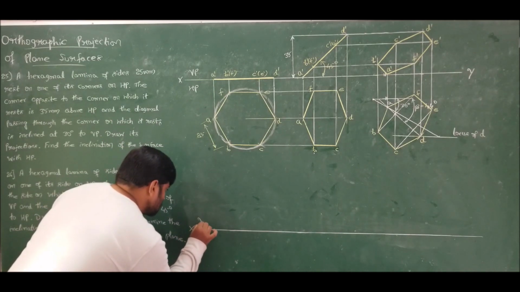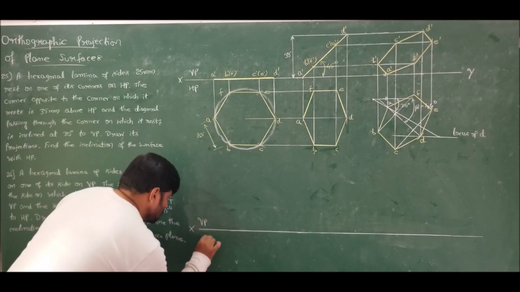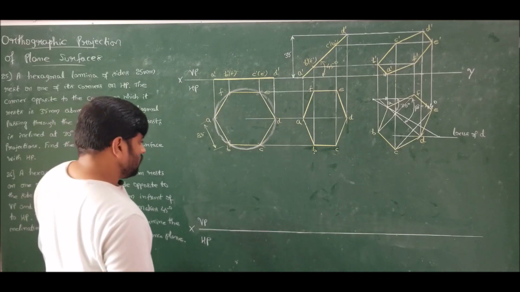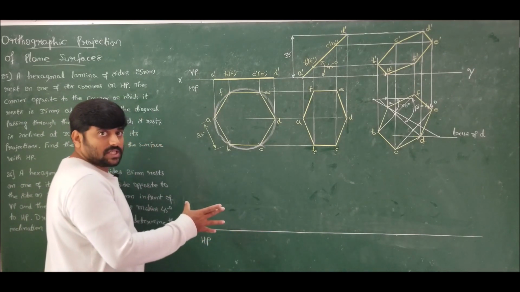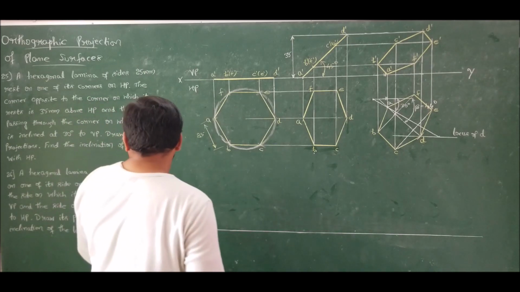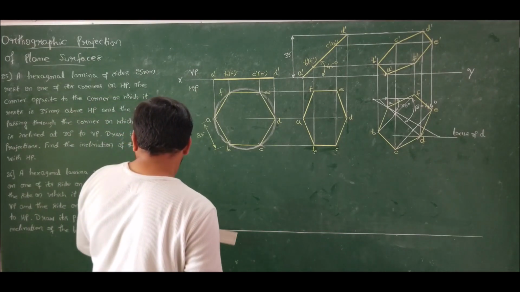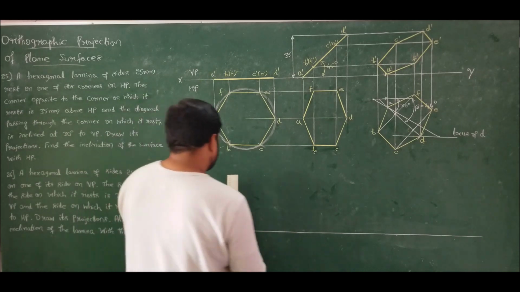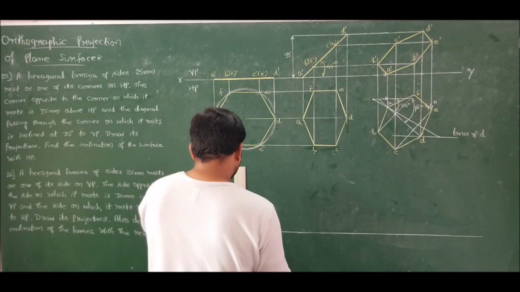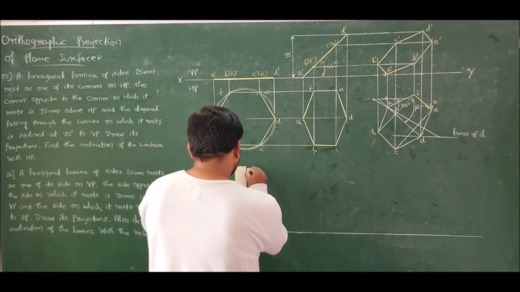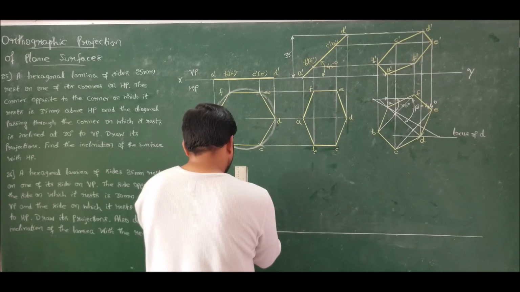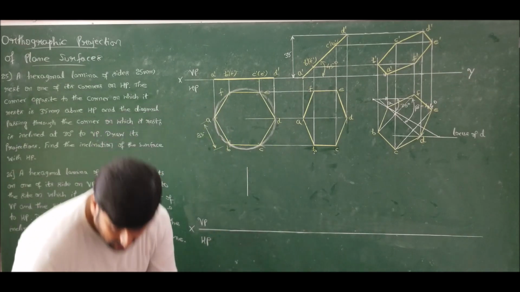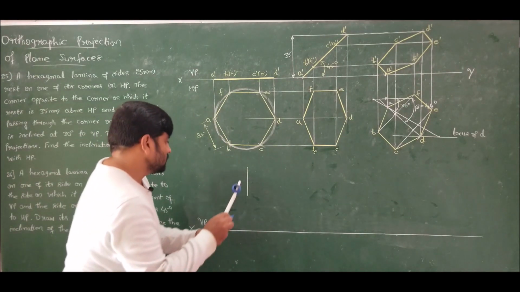This is X, this is VP, this is HP. Now I want the hexagon to be in the vertical plane because it is resting on VP on one of its sides, correct? So I should take a vertical line of length equal to the side length, that is 25 mm, using which you construct a circle.